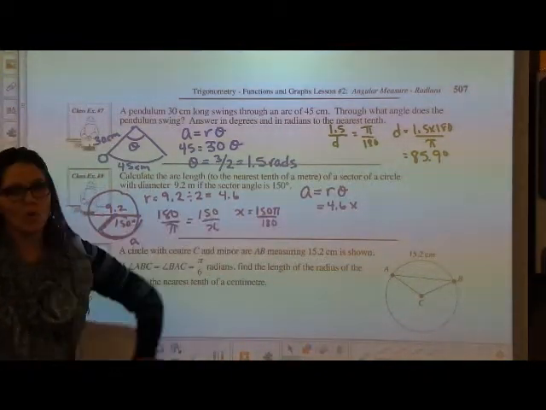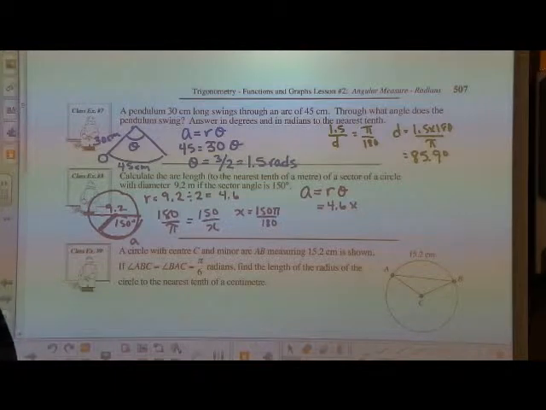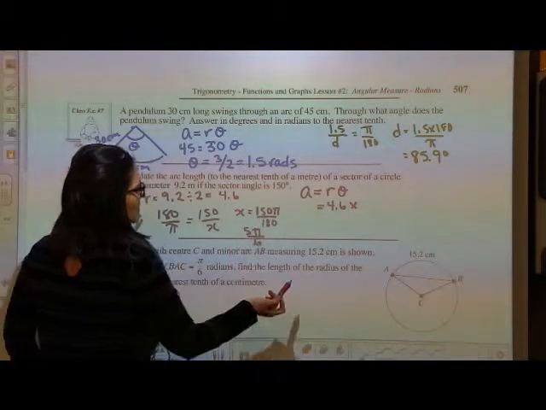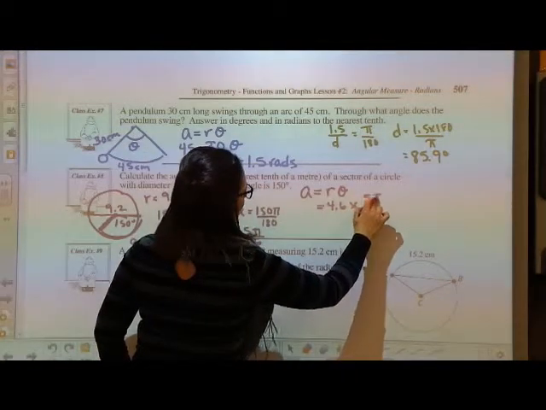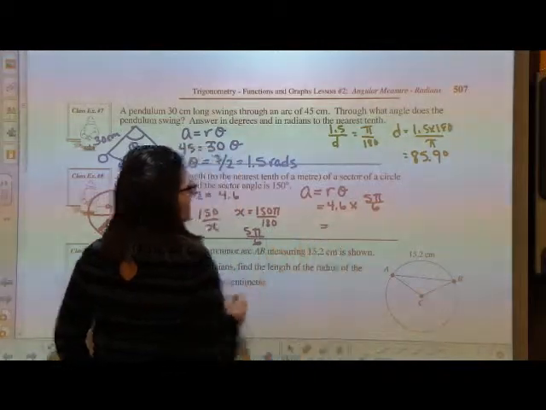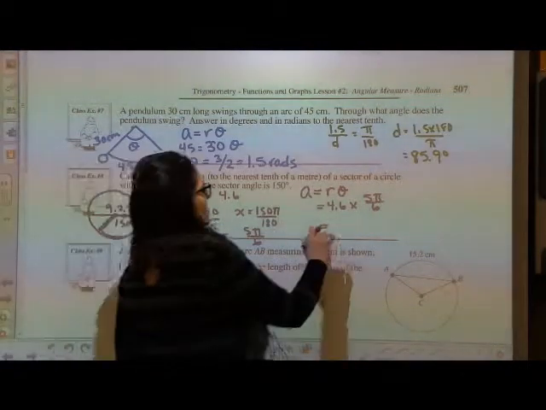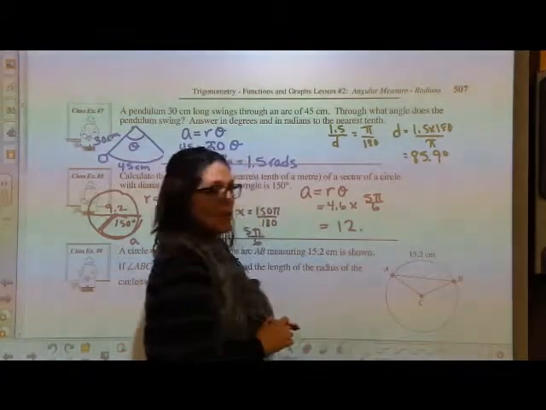The 150 and the 180 I can reduce. They're both divisible by 30, so I get 5 pi over 6, which gives me some decimal number, and then I multiply it by 4.6 to give me, what'd you get, Hannah? Okay. So to the nearest tenth, it would be 12.0.